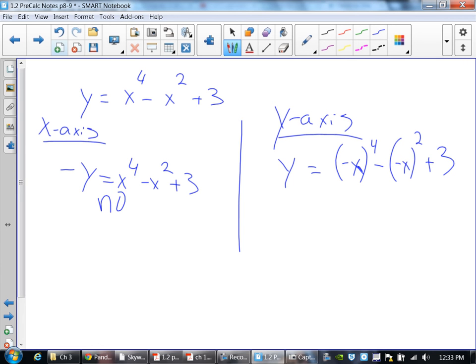The value is positive. Very good. So no matter what the value of x is, if it's negative and it's raised to an even power, it always becomes positive. So in this case, you do get a true statement. It doesn't change anything. So I know that no matter what, it's that.